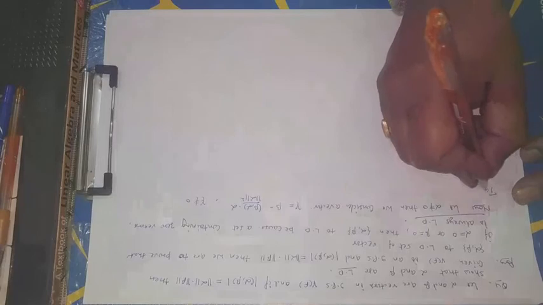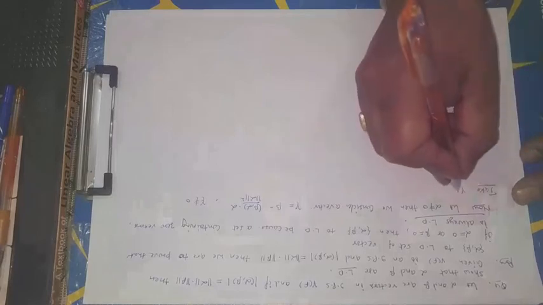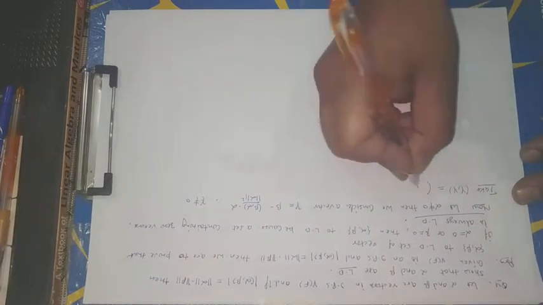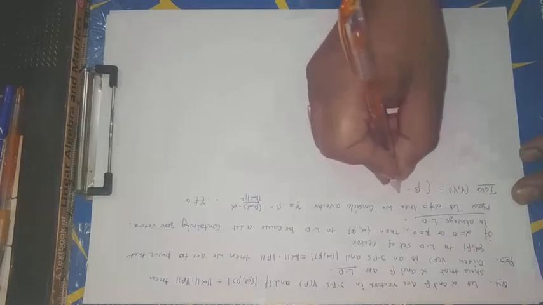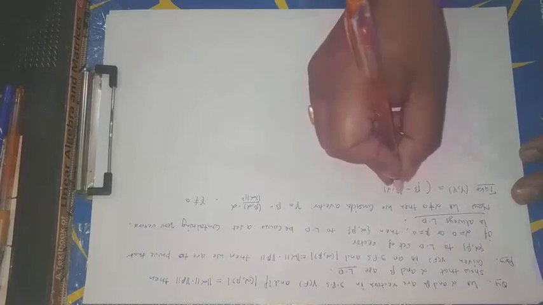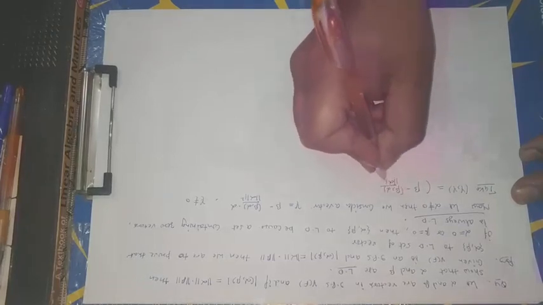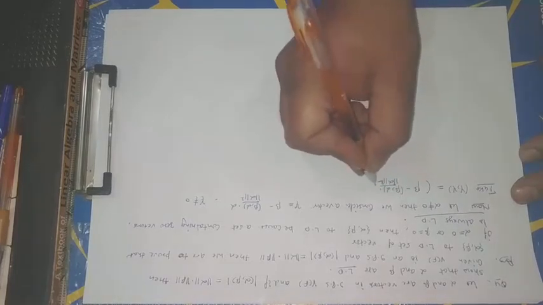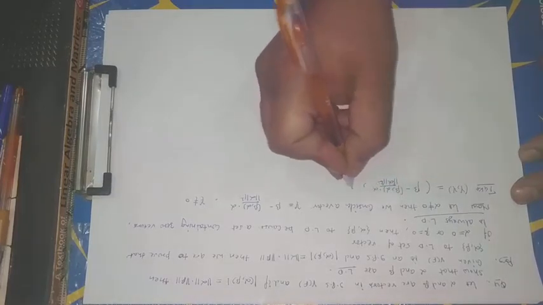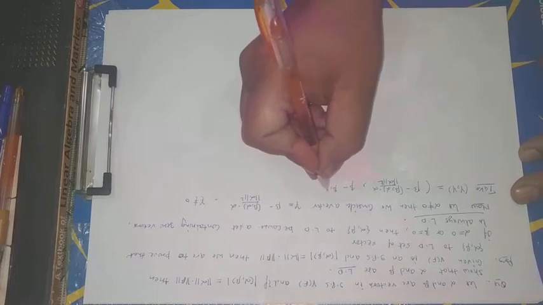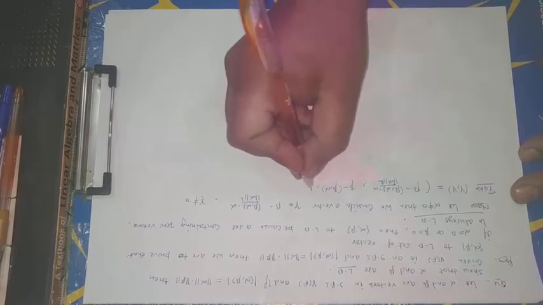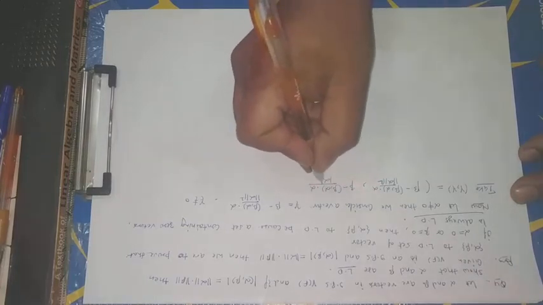Now take gamma inner product with gamma, which is equal to beta minus beta inner product alpha upon alpha norm square into alpha, inner product beta minus beta inner product alpha into alpha upon alpha norm square.